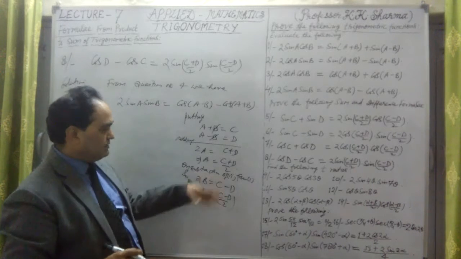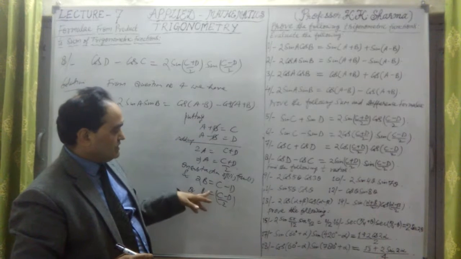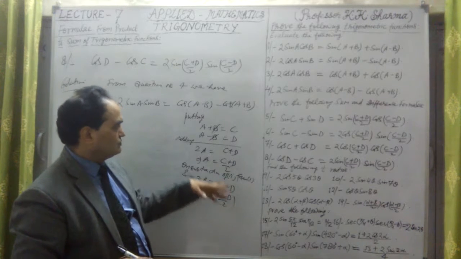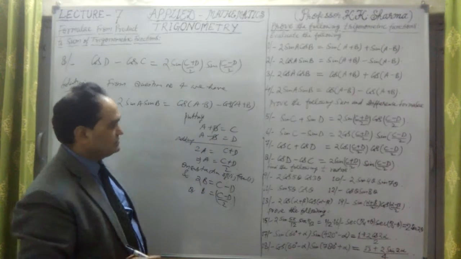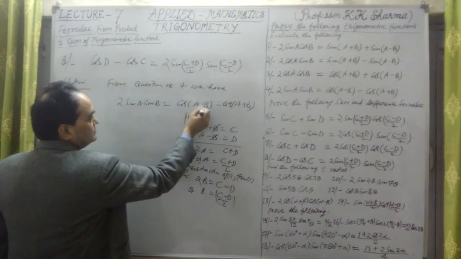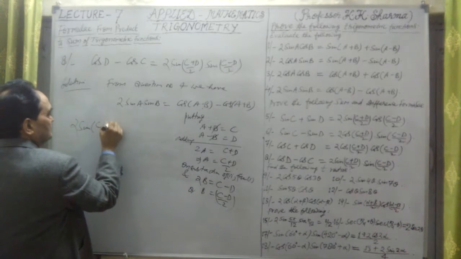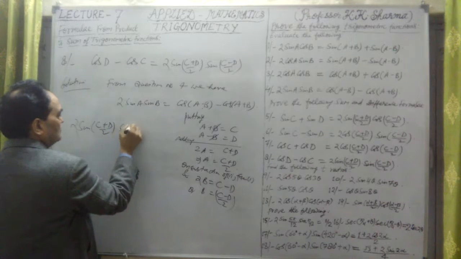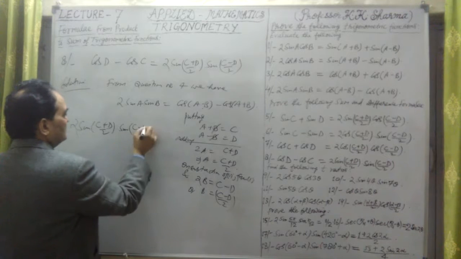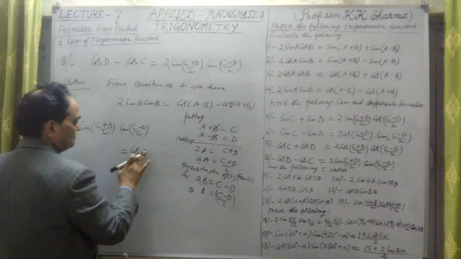A and B, we have done in the same way. Okay, just keep these values of A and B. A is (C plus D) by 2, B is (C minus D) by 2, A plus B is C, and A minus B is D. Okay, so here in this equation, this A minus B is D. This is twice sin A, (C plus D) by 2, into sin B, (C minus D) by 2, is equal to cos of D, sorry.